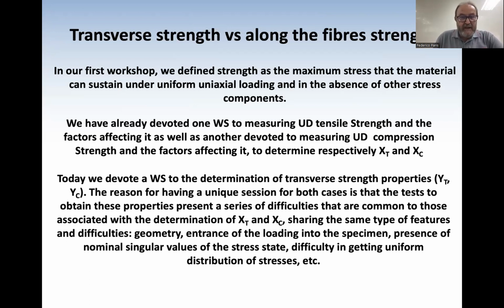The reason for having a unique session for both cases is that the tests to obtain these properties present a series of difficulties, or features at least, common to those associated with the determination of XT and XC: geometry, entrance of the loading into the specimen, presence of singular values of the stress state, difficulty in getting a uniform distribution of stresses, etc.